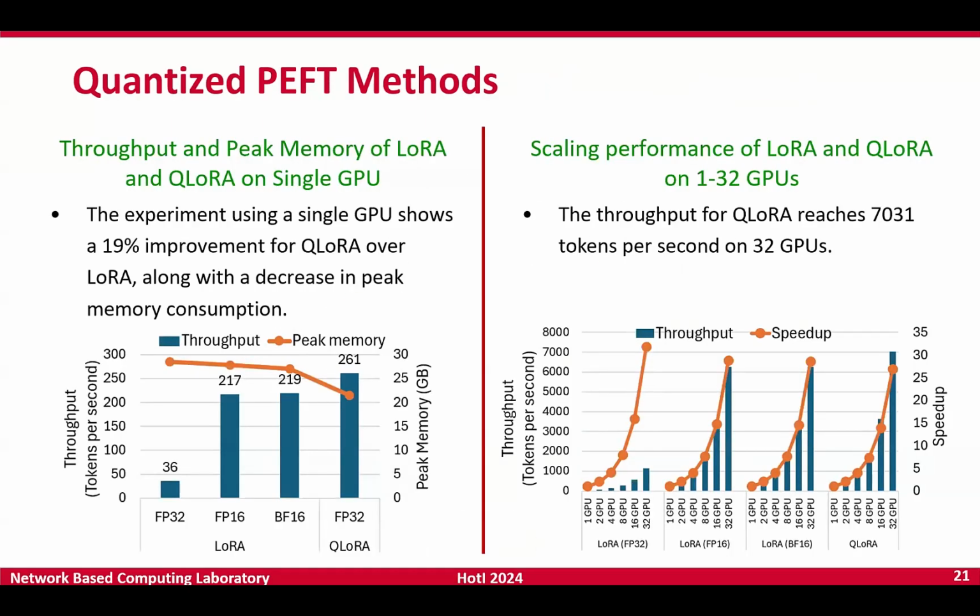So we compare QLoRA and LoRA, and we can see that QLoRA has less peak memory and higher throughput. For multi-GPU, the scalability for QLoRA is not great, a little bit.